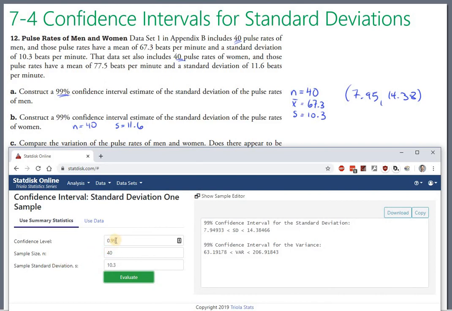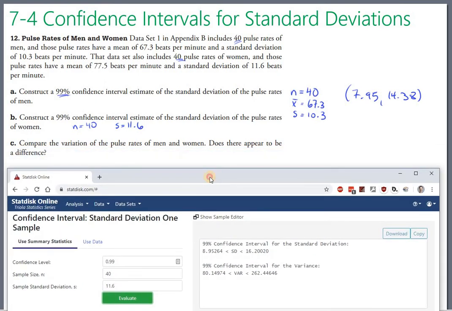Still confidence level 99, still sample size of 40, just a little bit bigger standard deviation at 11.6. So their interval is a little bit different to encompass their little bit different sample. So their standard deviation of pulse rates is between 8.95 and 16.20.